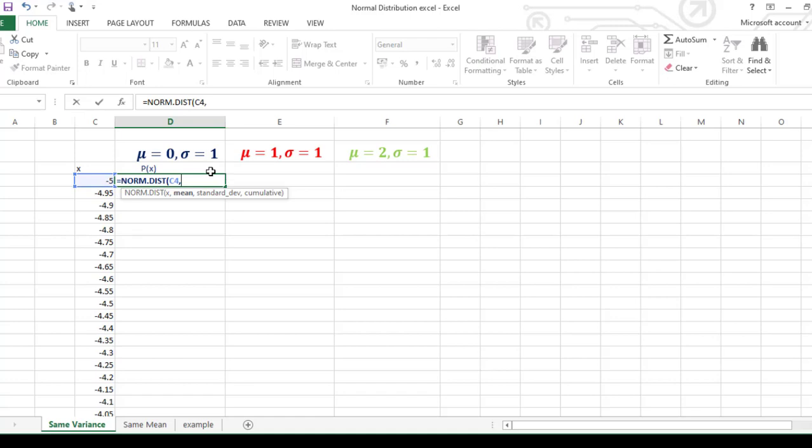Then we have to insert the mean, so we have taken the mean for this case as 0 and the standard deviation as 1. Now here we have to give the true command for cumulative distribution function and false command for probability mass function. So now we are calculating the probability density function, so we are giving the false command.